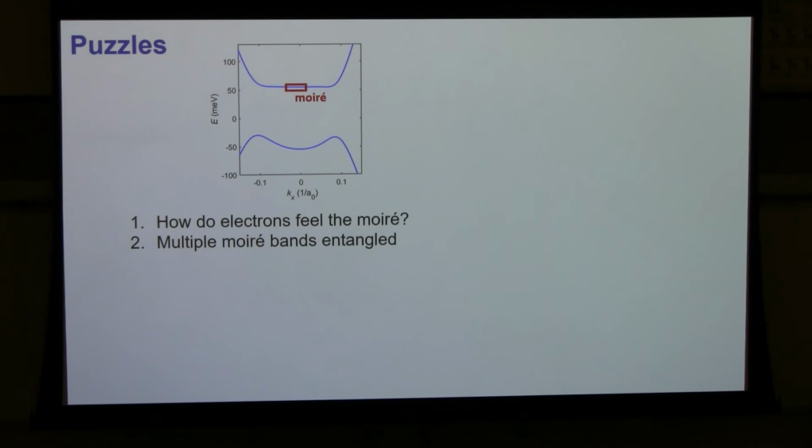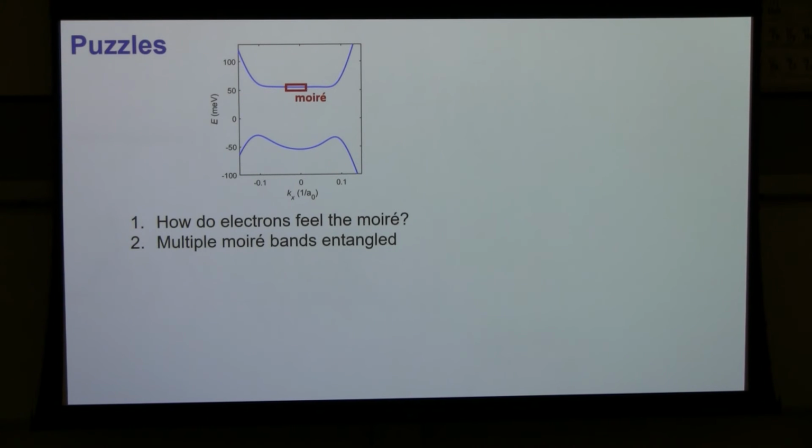And now let me tell you what the puzzles are here. This is not a done deal. Number one, we talk about how you can get this in Moiré, but remember, when we see this effect, the electrons are far away from the Moiré. So how do they even know there is a Moiré there, and how does the Moiré potential kick in?